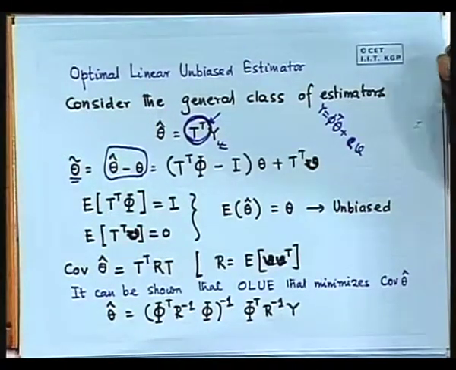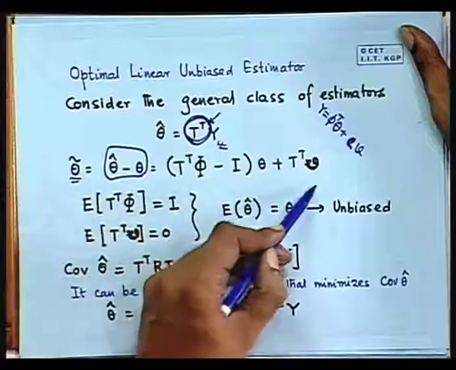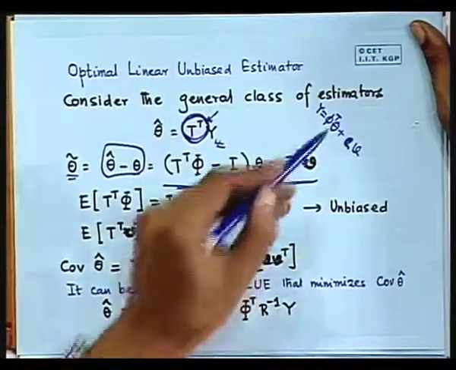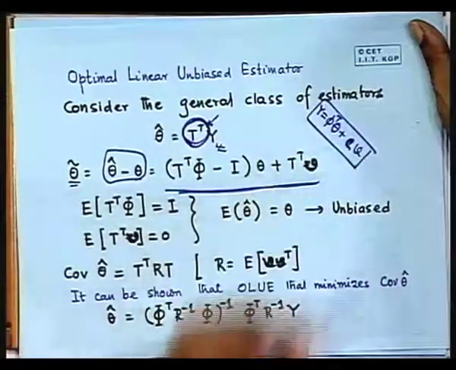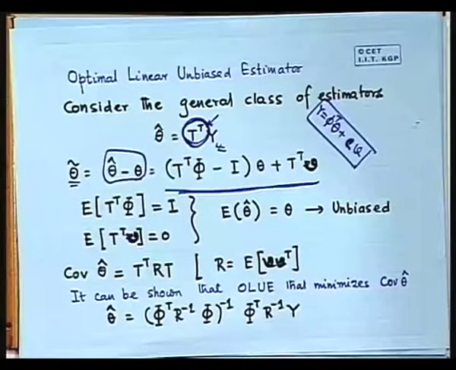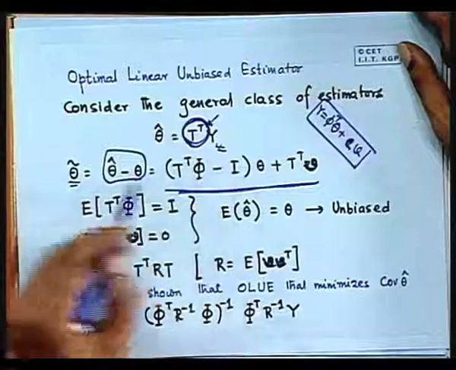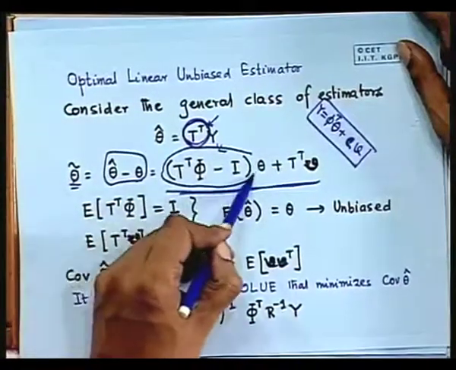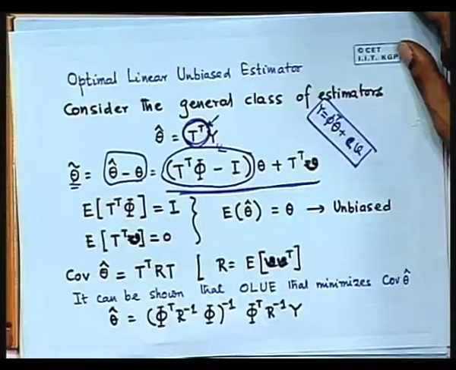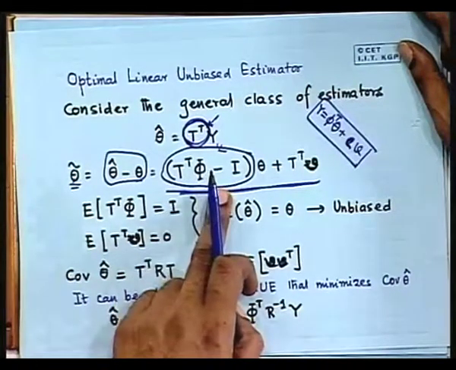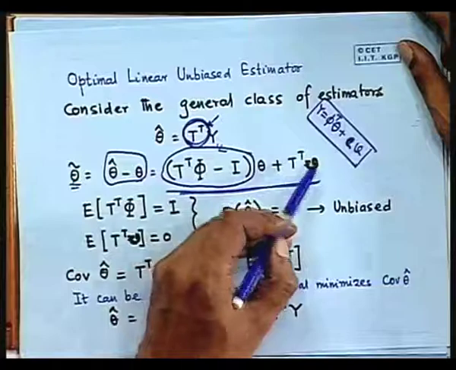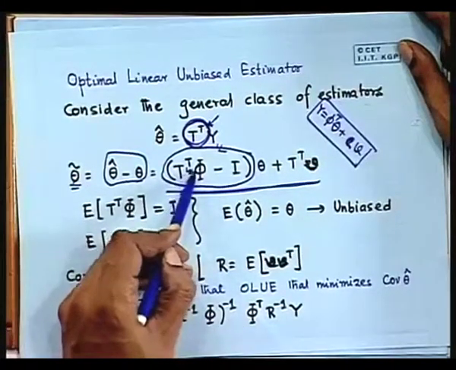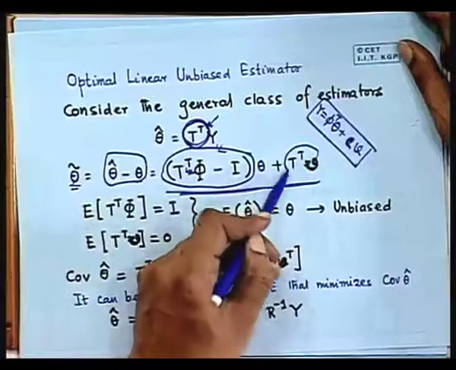If I calculate this, it will be my theta tilde using this equation as the data generating equation. Then it turns out that if theta tilde has to be 0, then T should have this property. Property number 1, that this should be equal to identity, because if this is equal to identity, then this is 0 and this should be 0.